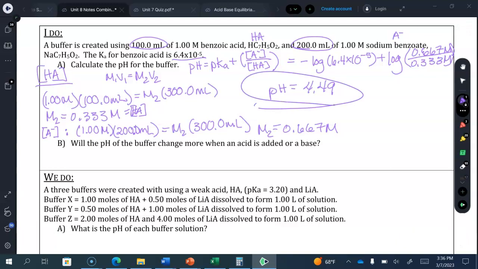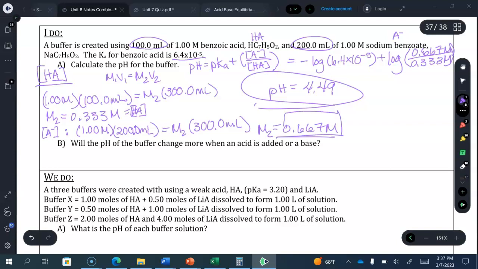Okay. Then part B: will the pH of the buffer change more when acid is added or when base is added? We will look at the one that is in higher concentration, and that is the conjugate base of the buffer system. Since it is in higher concentration, the base will resist acid addition. So it will change less with the addition of an acid.